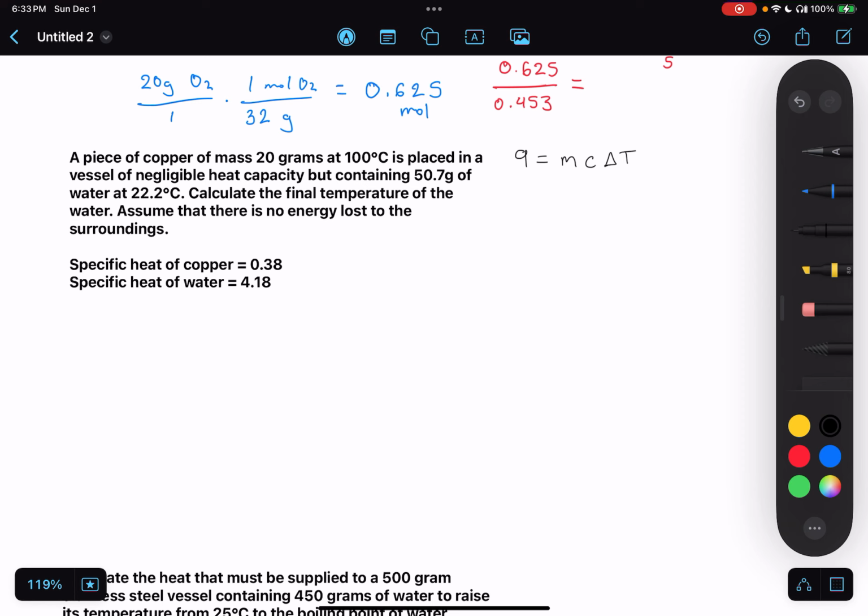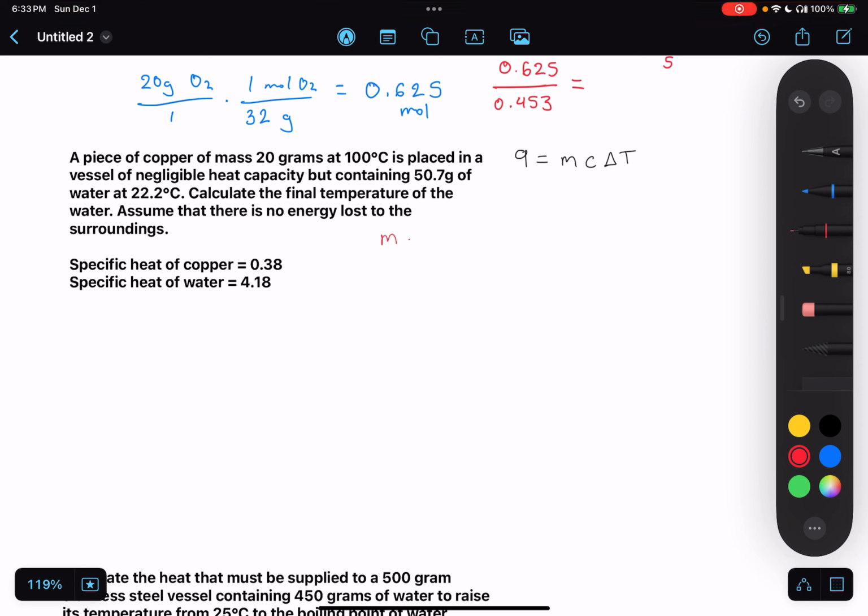So we can do the Q, or the specific heat of copper. Copper is going to be red.